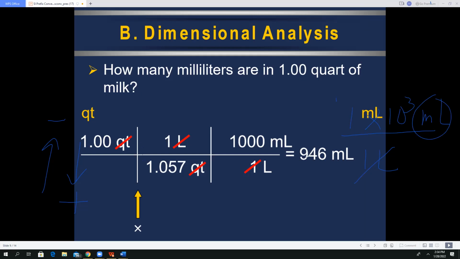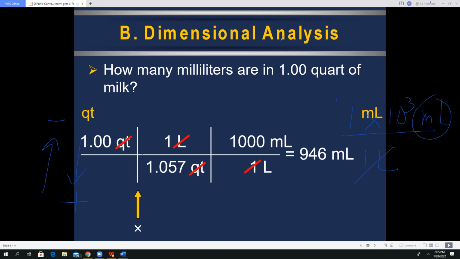And it does make sense because 1 quart is smaller, and we're converting quarts to liters, so we'd expect less than 1,000, and that makes sense. So that's the sure method. You have units, you have your sig figs, and you have the reason behind it, the reasonable thing.